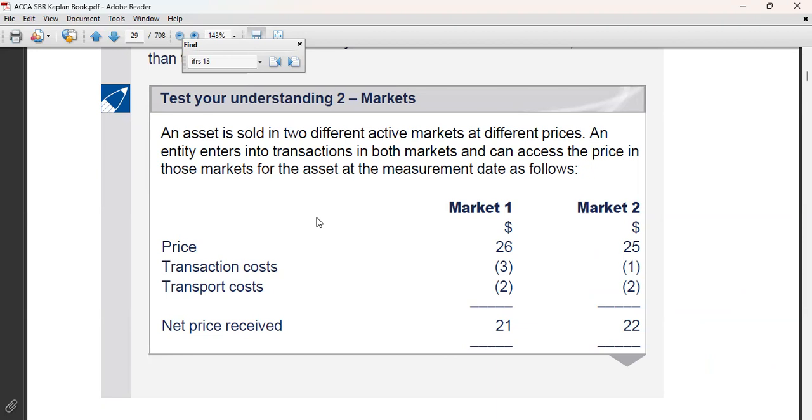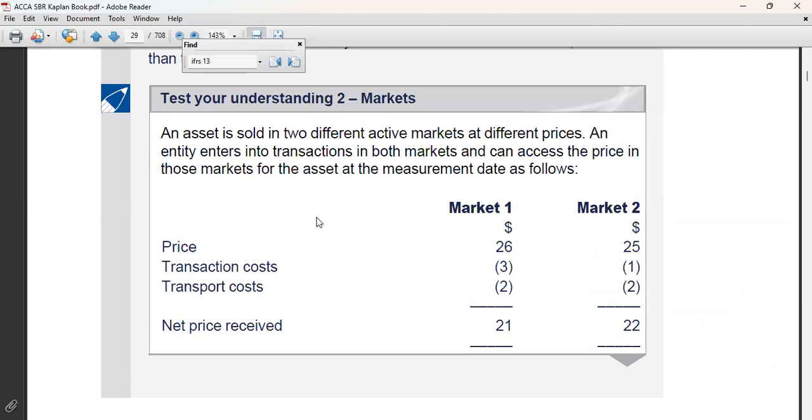Please, once again, remember, transaction costs are ignored as they are not a function of the asset, but a function of the market. Please take note of that. It's very, very important. So when we are doing principal market, you ignore the transaction cost.